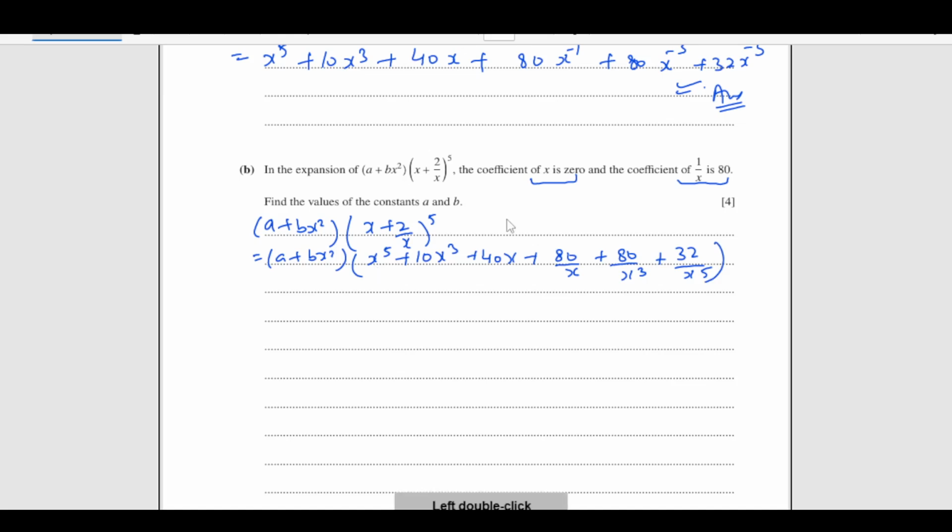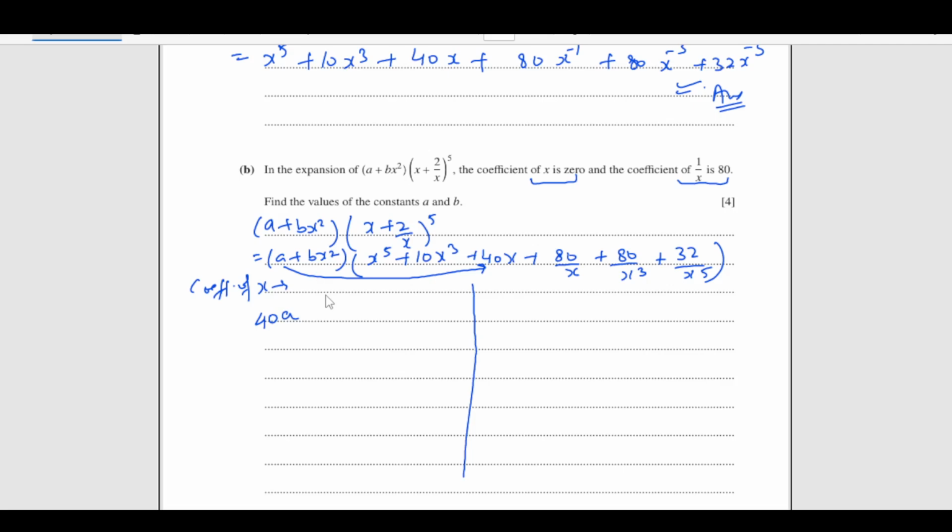So now we have the coefficient of x is 0. So where is the coefficient of x? We will see when you multiply a with this term here, that is going to be the coefficient of x, that is 40a. Then after this there is no other x term, but there is x squared here.